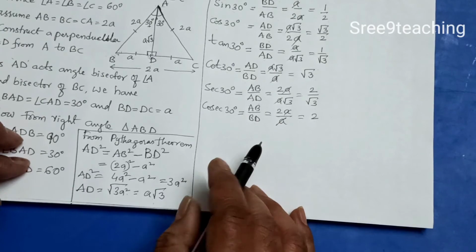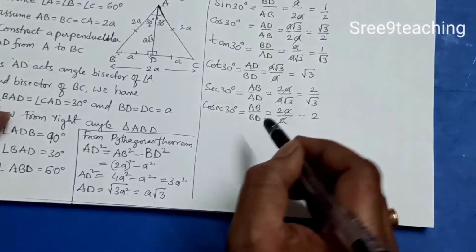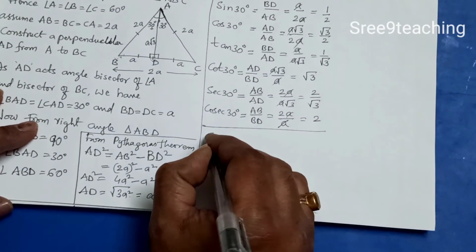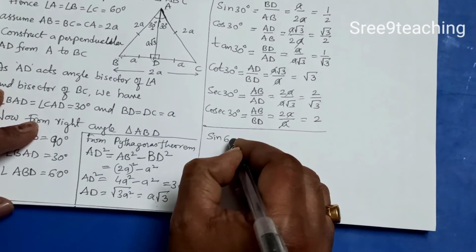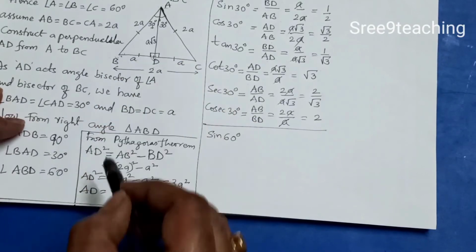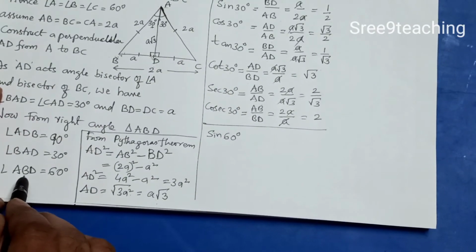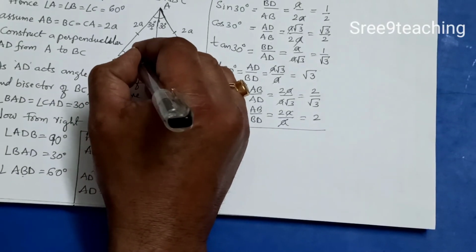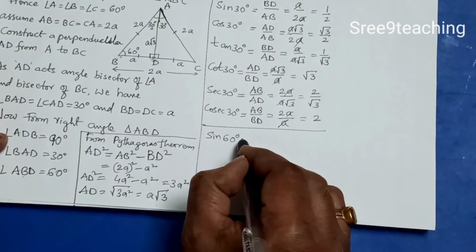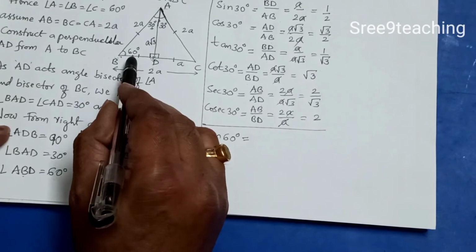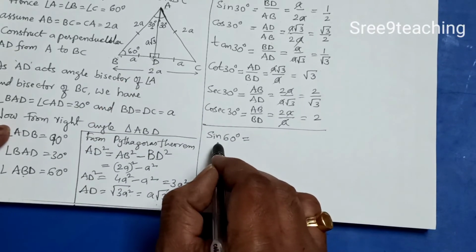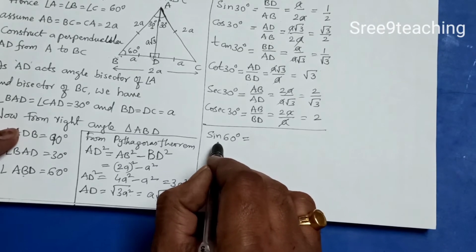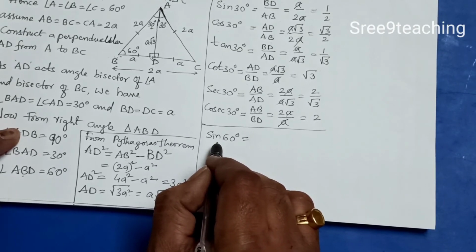Now we find the ratios of 60 degrees. Let us finish in this session only. Now sin 60 degrees. Here already I said that angle ABD, that is B, we got 60 degrees. I am writing here 60 degrees. Now sine 60 is equal to, whenever you write sine, you have to remind the formula, the ratio of sine, that is opposite side by hypotenuse.